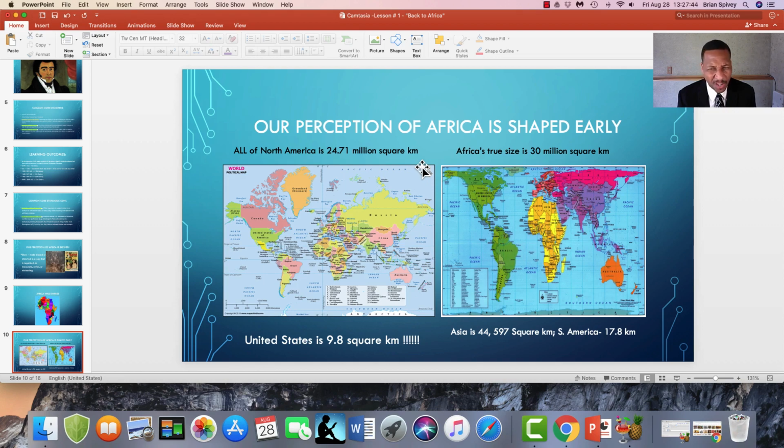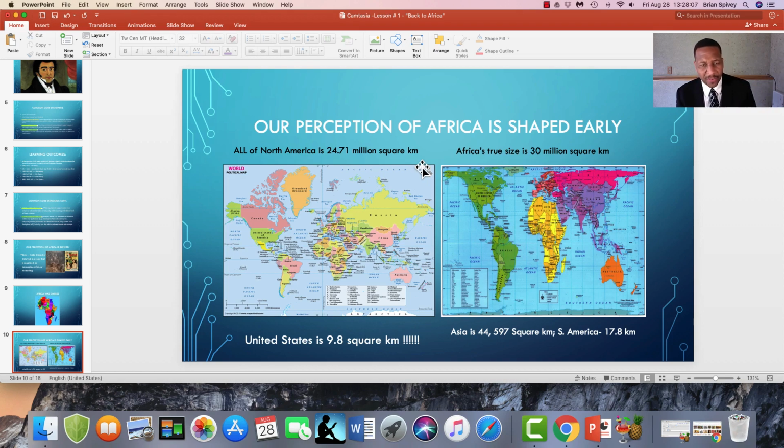Something is wrong here. But our perception is we will reject the real picture that depicts the actual square mileage or square kilometer and accept the lie, the misleading of how big the United States is, how small this Africa is.